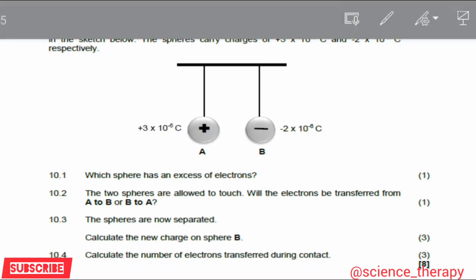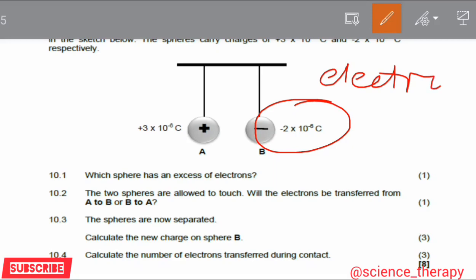Now you will remember that we said the ones that are more negative have an excess of electrons. So we can see this one is negatively charged as a result of the electrons being greater than the protons, right?